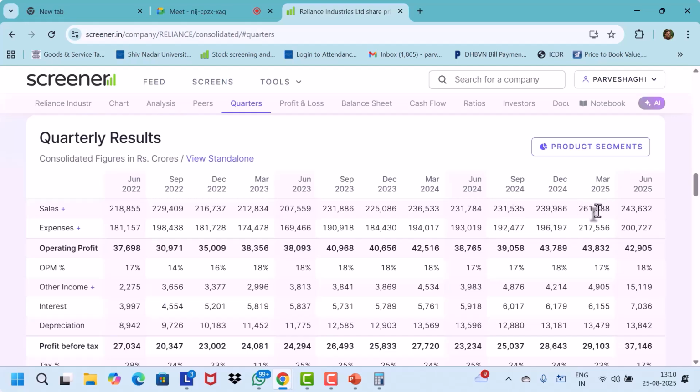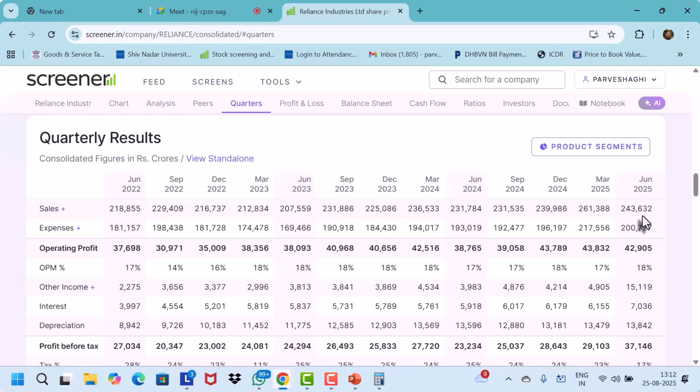That means the company has already announced the result of June. So up to March 25, these are all the 4 quarters, and when we sum up we get the March number. If we want to calculate the TTM number, we have to add September, December, March, and June. Add up on a calculator: 2,31,000 plus 2,39,000 plus 2,61,000 plus 2,43,000.